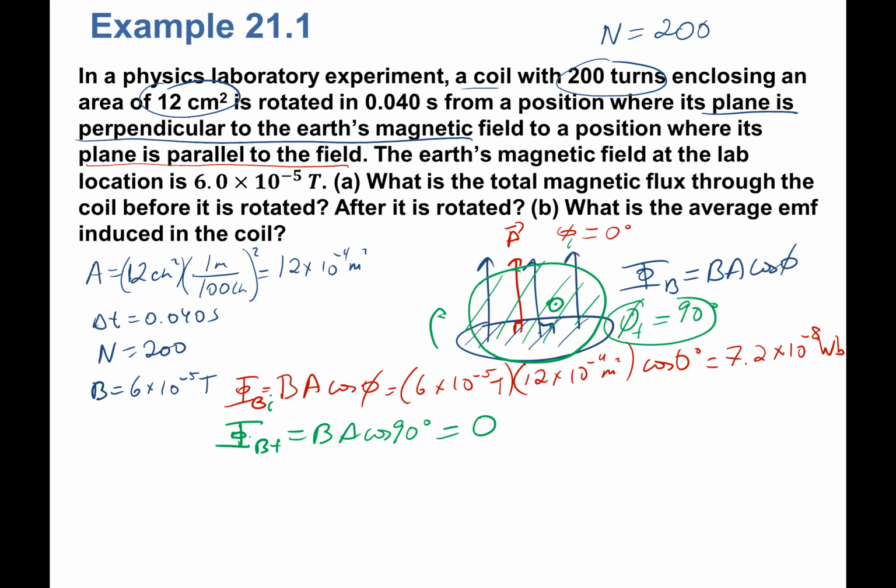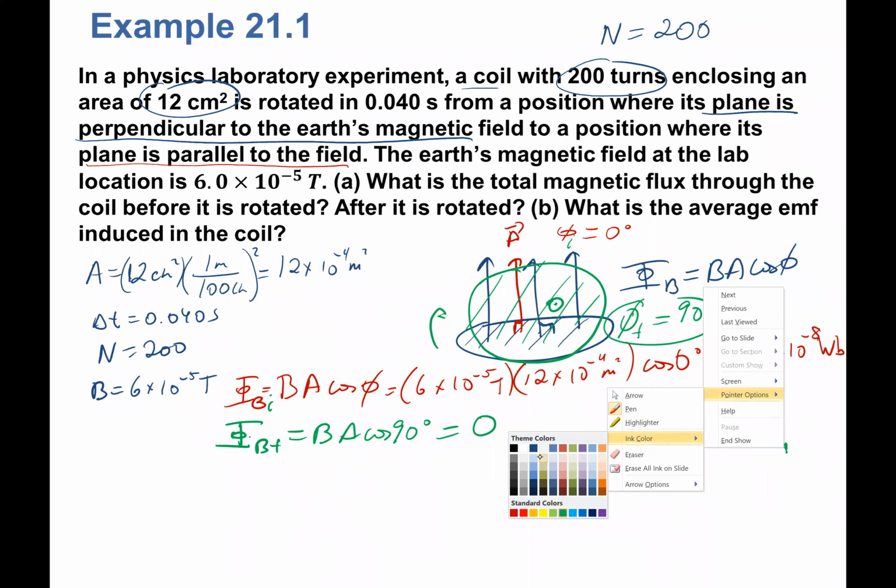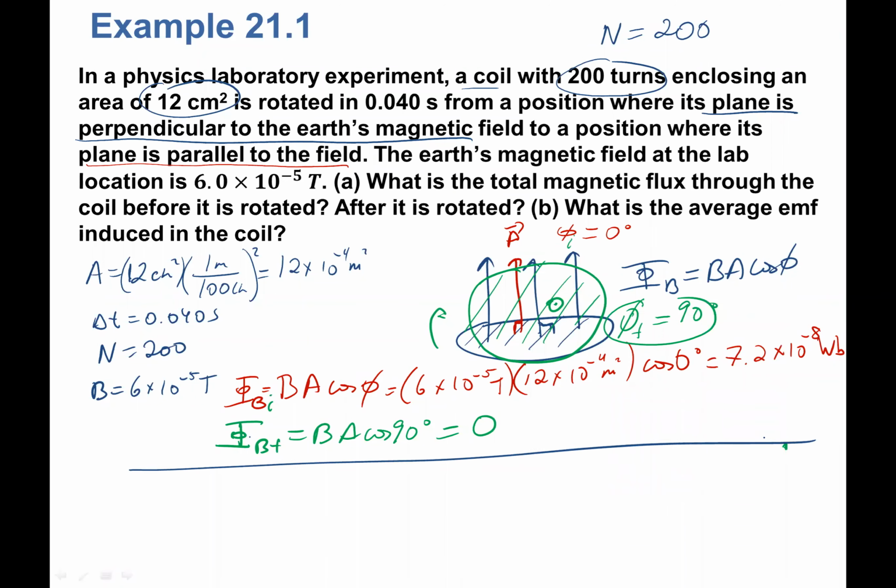So what we get here is that you go from 7.2 times 10 to the negative 8 Weber at t equals 0 to 0 Weber at t equals 0.04 second. That means in 40 milliseconds, you change the flux to 0.